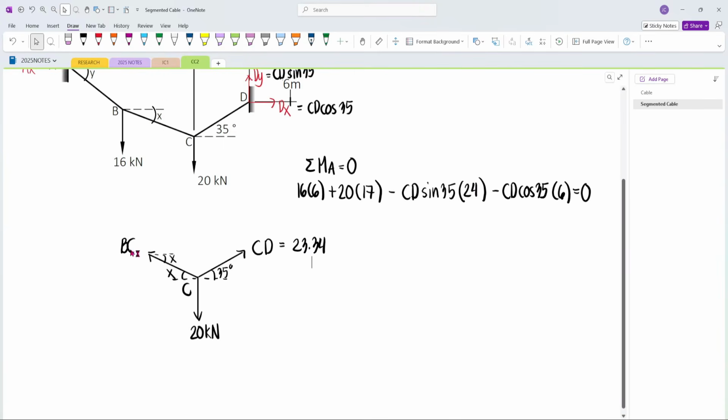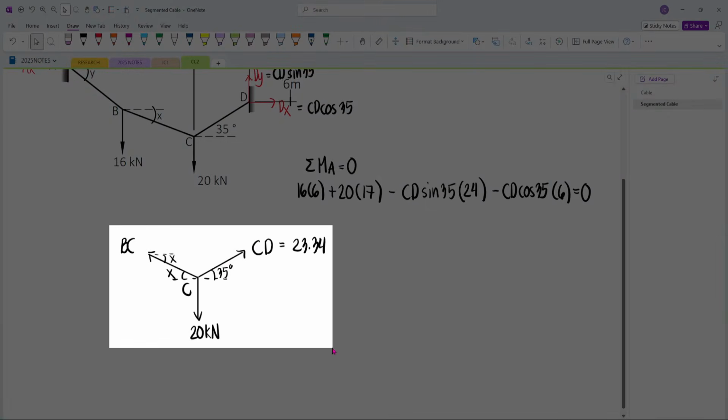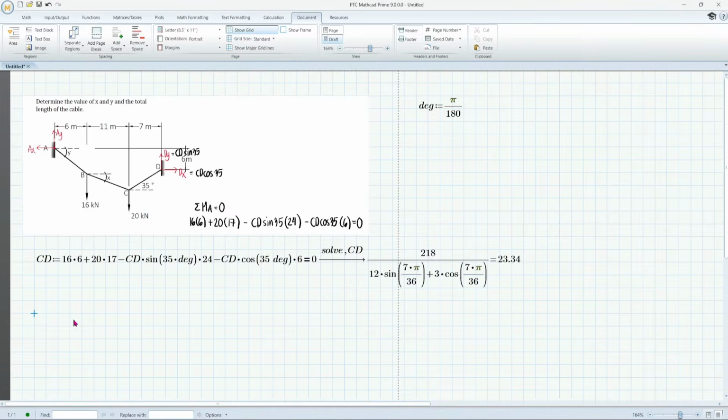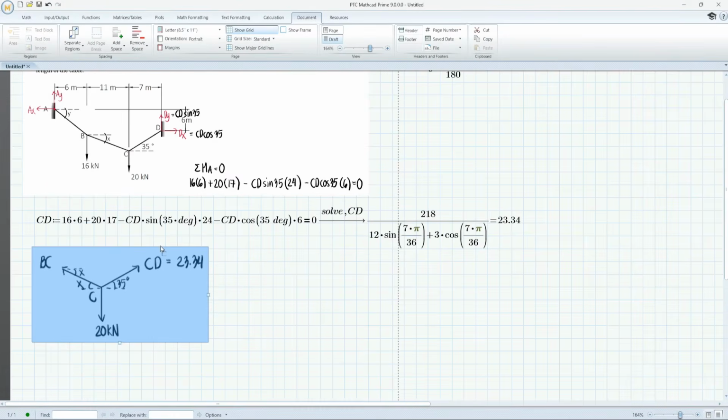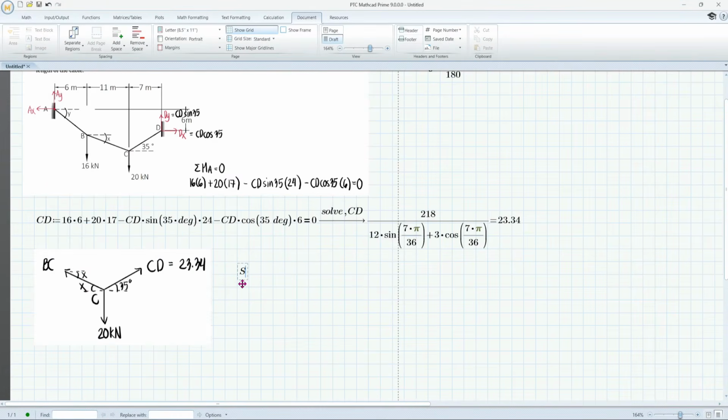So, copy ko na lang yung figure. Then, let us establish our equations. Doon na lang din sa MathCAD para ma-solve natin agad. Ayan. So, gagawin natin ngayon, we will sum up forces along X and also along the Y direction. So, for the forces along X, we have negative BC.